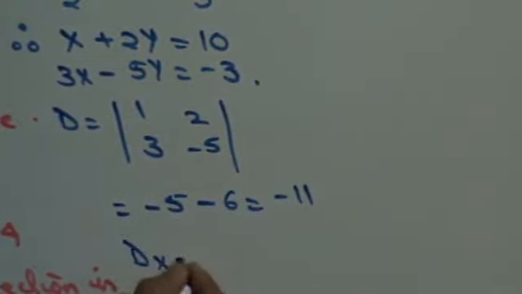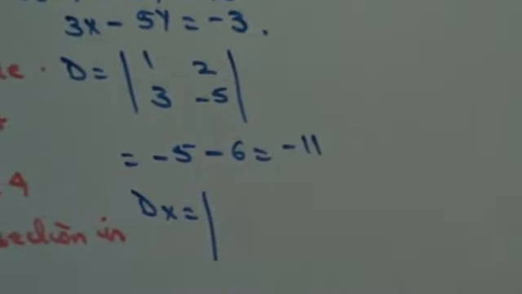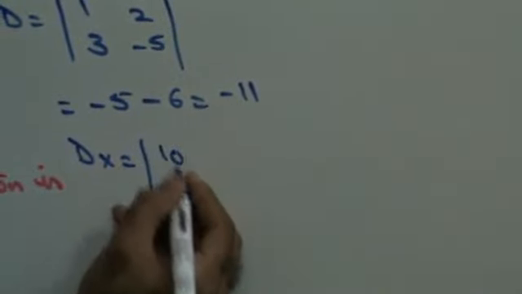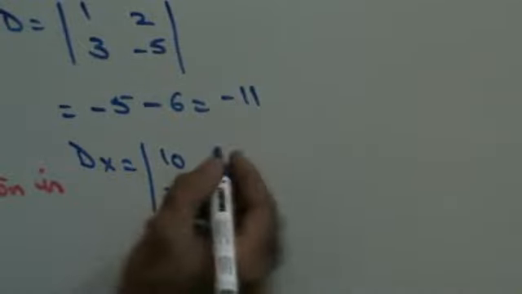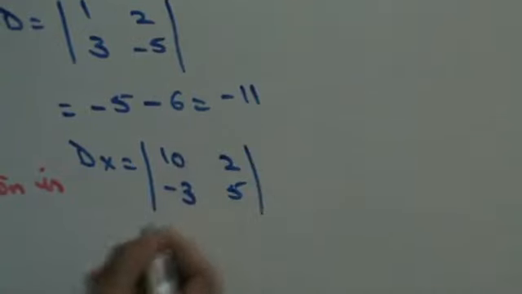Next, Dx. How do I find out Dx? Substitute the coefficients of x with the right hand side. So instead of 1 and 3 I will write 10 and minus 3, 2 and 5.